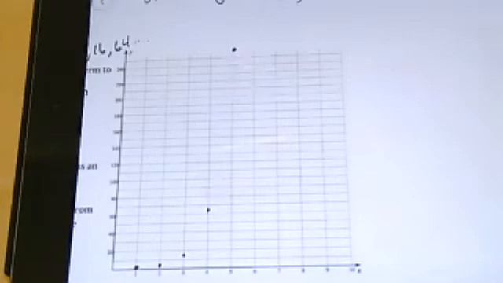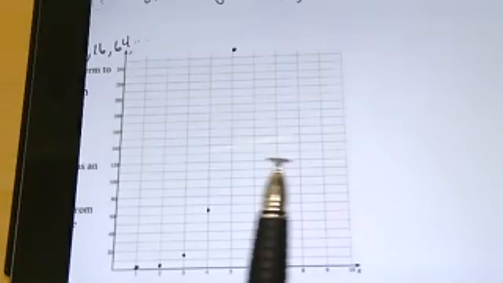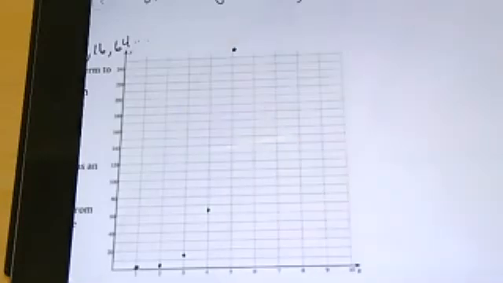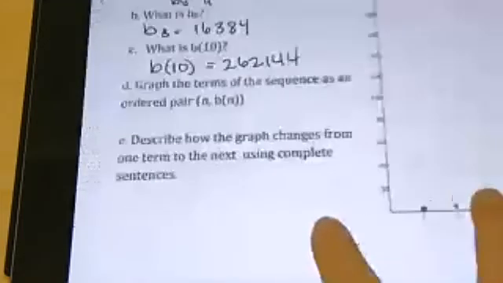Okay, so if we take a look at our dots here, are these growing in a linear pattern? No, you guys see that it's curved? Okay. Does anybody know the special name of this kind of curve? It's actually what our next chapter after sequences is going to be all about. This is called an exponential curve.